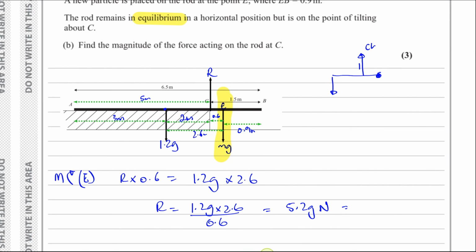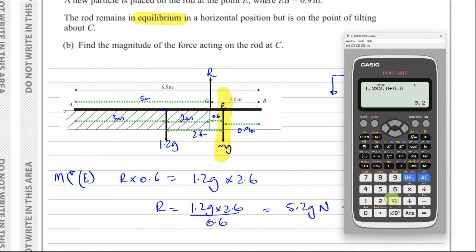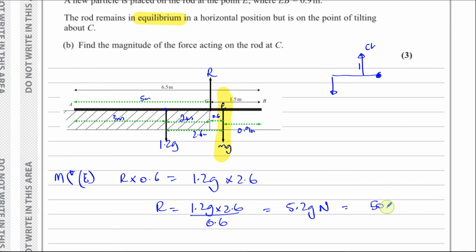If you want to round to 3 SF, without the g, times 9.8, that gives us 50.96, which you should really round to 51.0 newtons. I would leave it like this. That's fine in terms of g. So there we have the answer to part B.